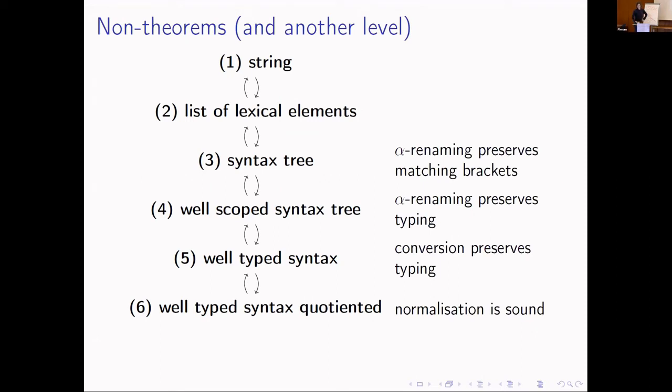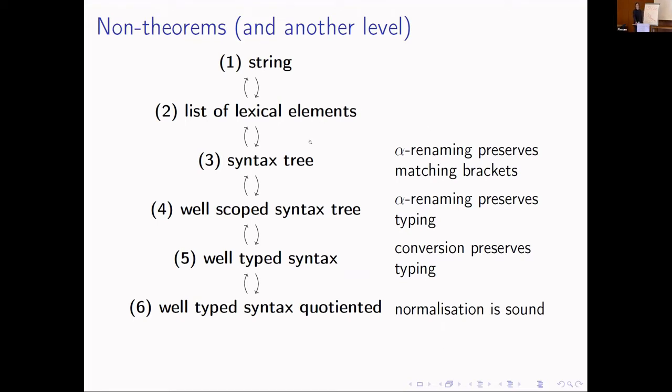And if you work on a lower level of abstraction, then you might have to prove theorems which are unnecessary if you were working at the correct or higher level of abstraction.